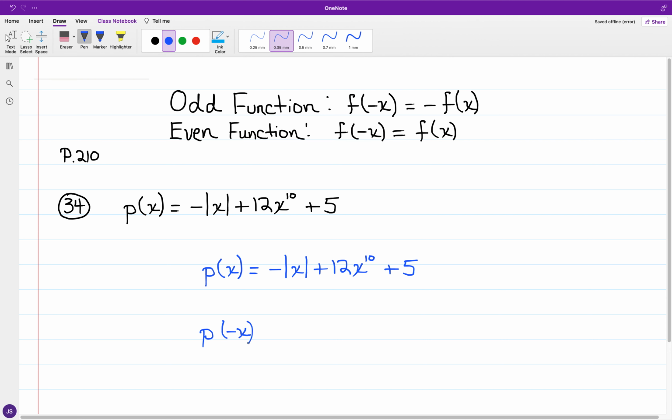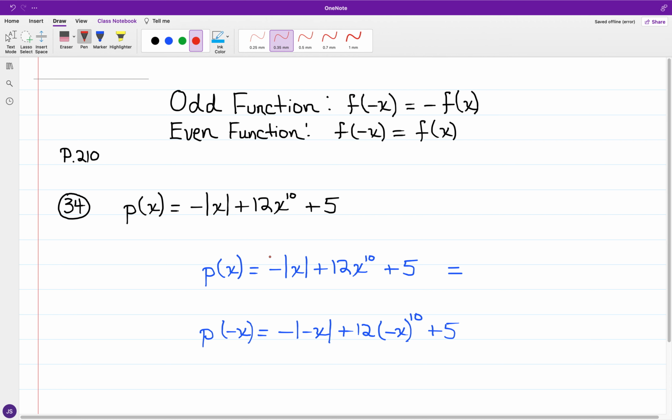So we have p of negative x: the negative of the absolute value of negative x, plus 12 times the 10th power of negative x, followed by the addition of 5. And we look at how the results arise for both p of x and p of negative x.